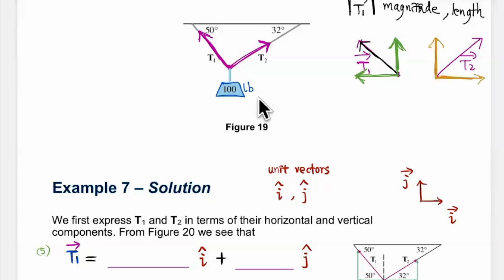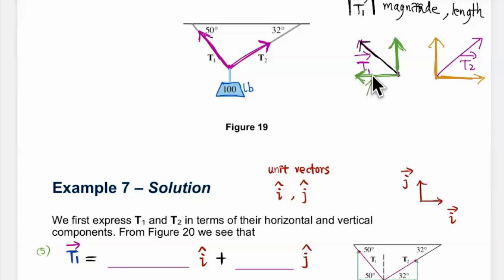Okay. Now let's try to think about this one. What is this component here? The first component of T1, the component along the x-axis. What will be this component?